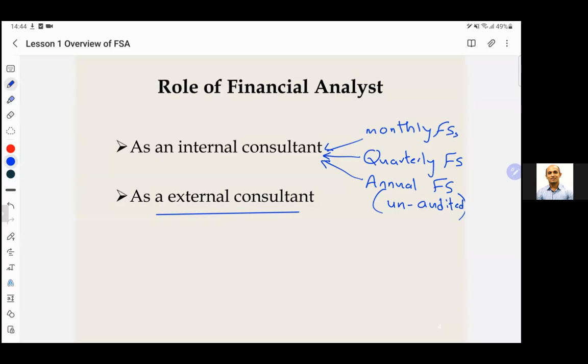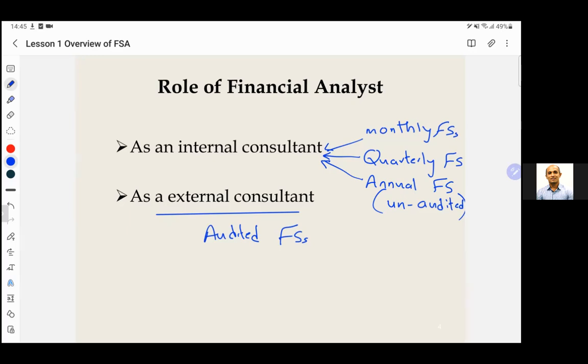So in such situations, you have audited financial statements, because you don't have access to the company's internal management accounts. As an external consultant, for example, you consult stock market investors. Then you have access only to the audited financial statements. You can find audited financial statements in the company's annual report. But here also, accounting analysis is important.